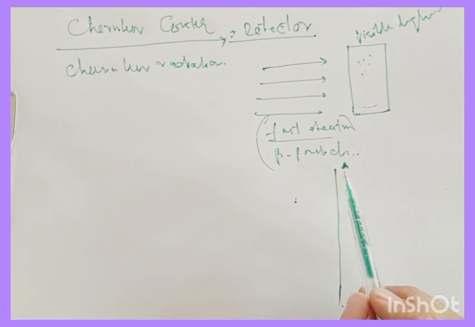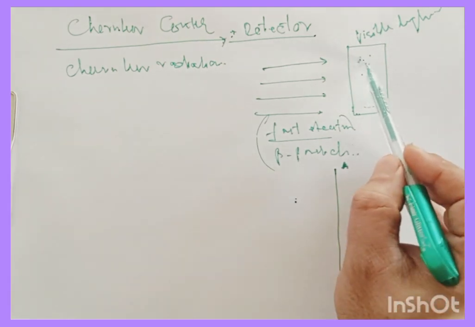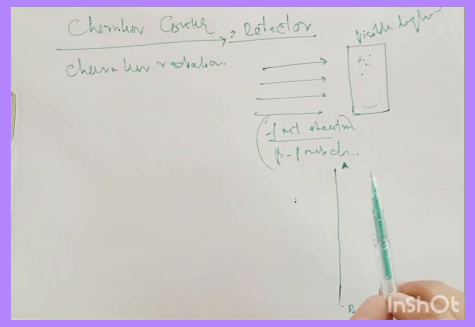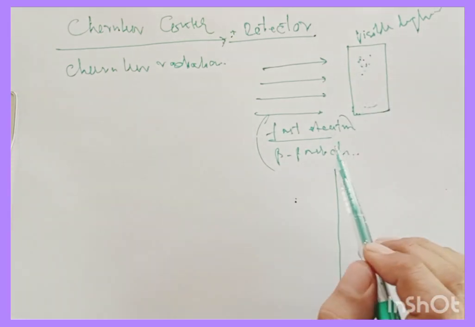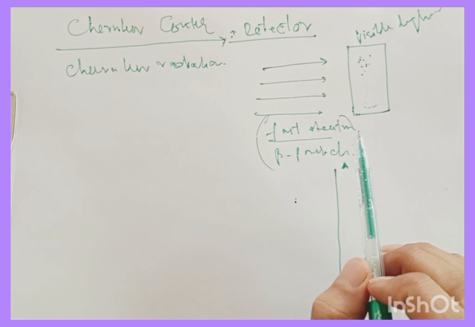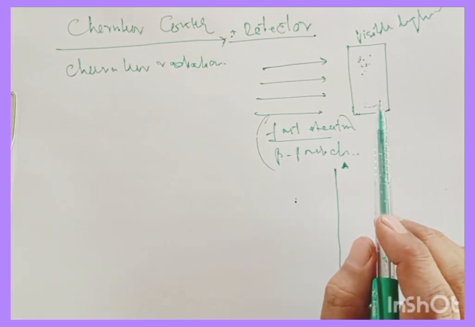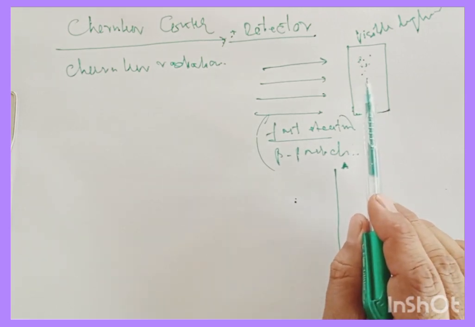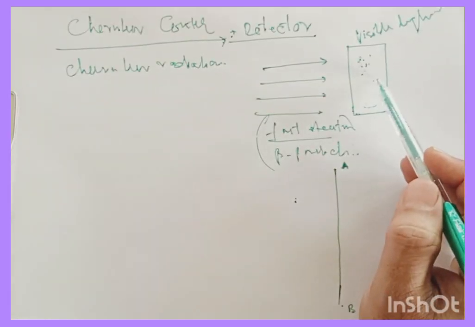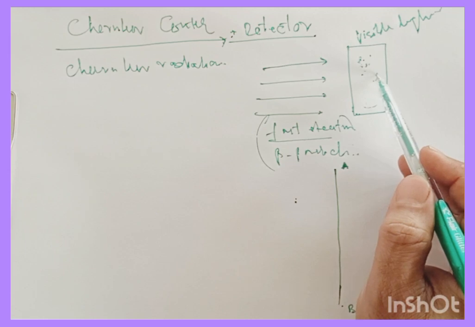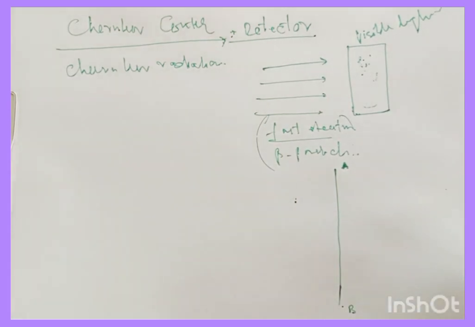As the charged particles experience successive collisions, small accelerations will develop inside the material, and it emits electromagnetic radiations, which lie in the visible region and have a continuous spectrum.